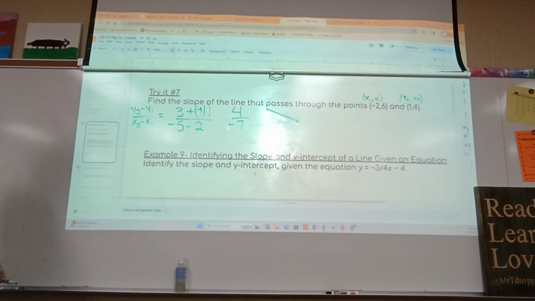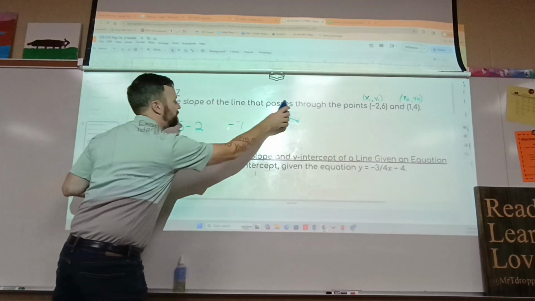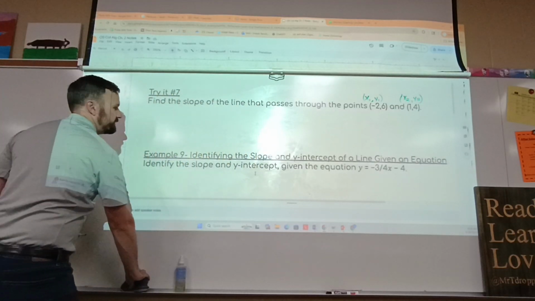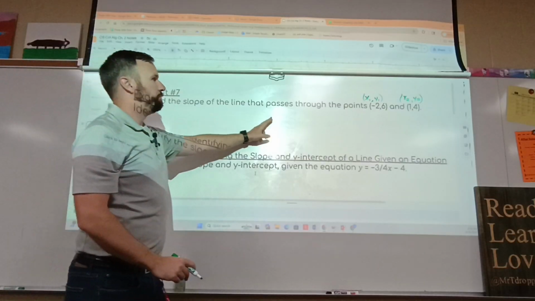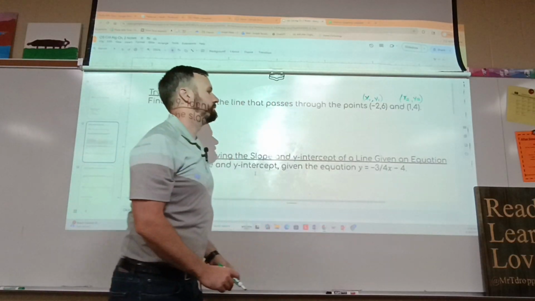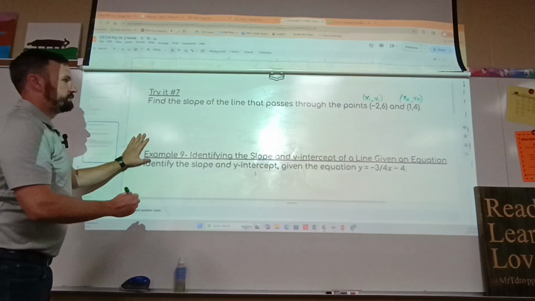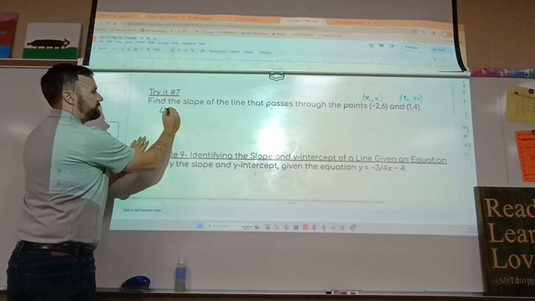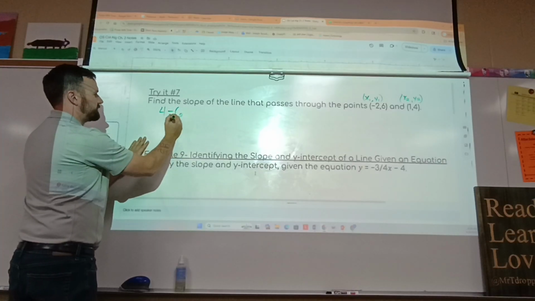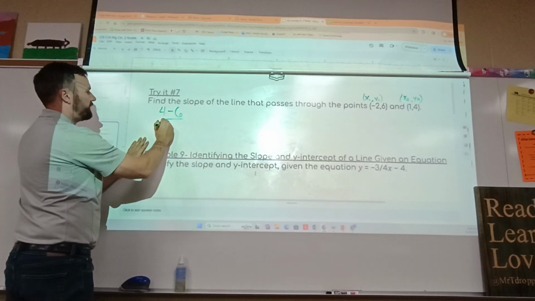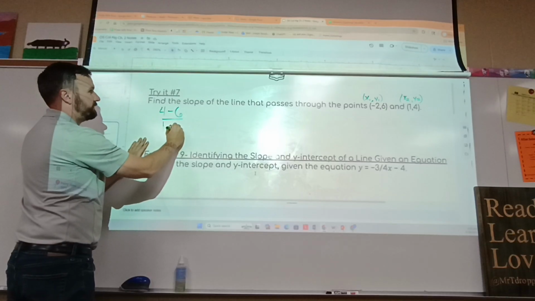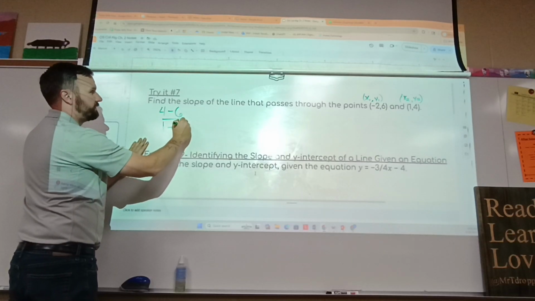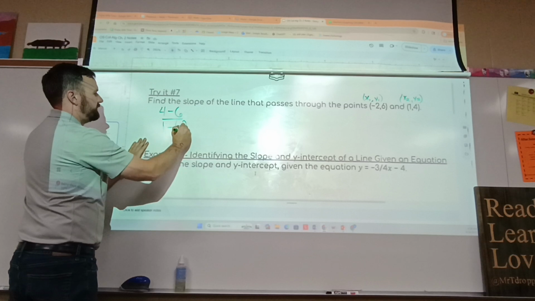All right. Oh, look, that one's already labeled. All right, next one. Find the slope of the line that passes through those points. Boom, label them. Same thing. y2 is 4 minus my y1 is 6, over my x2 is 1 minus my -1.